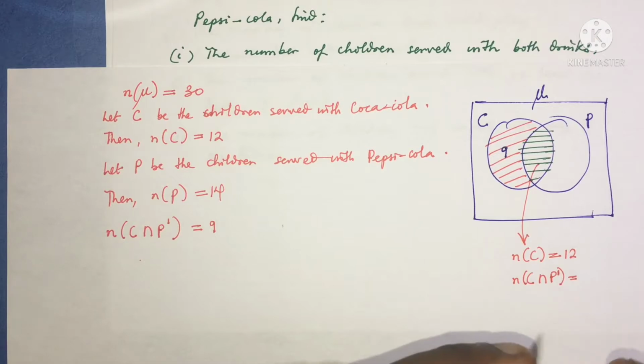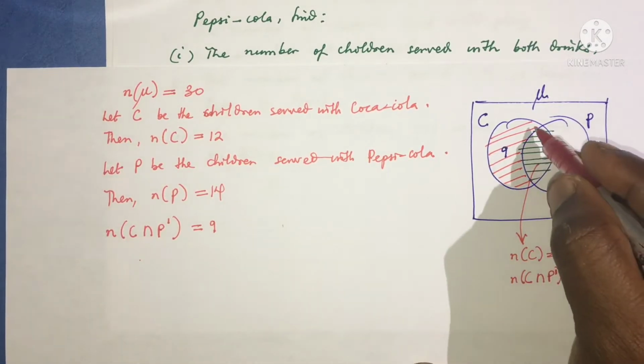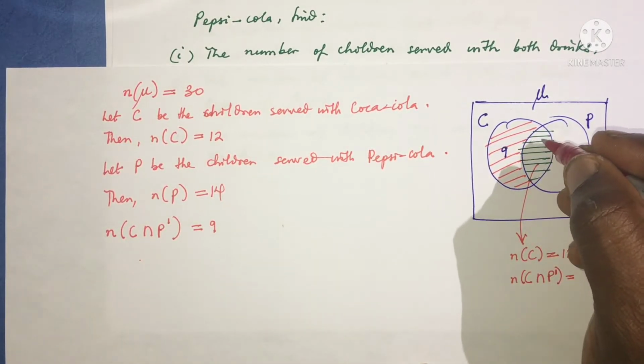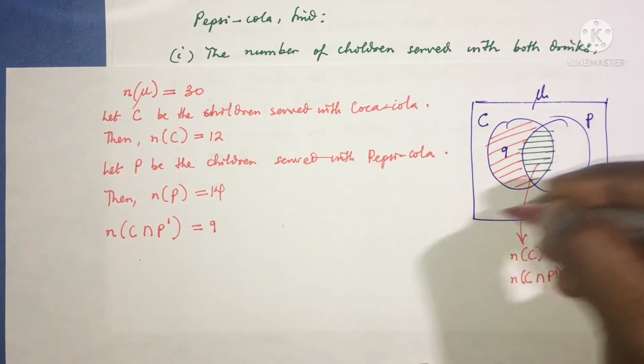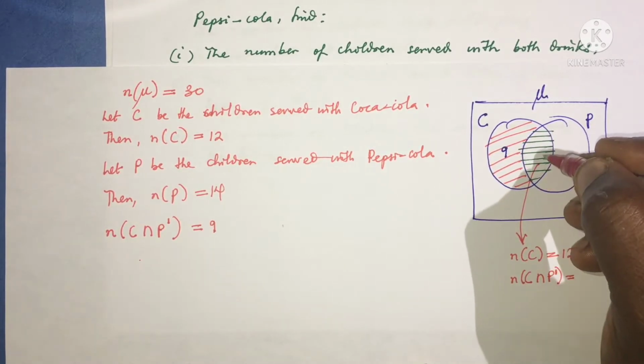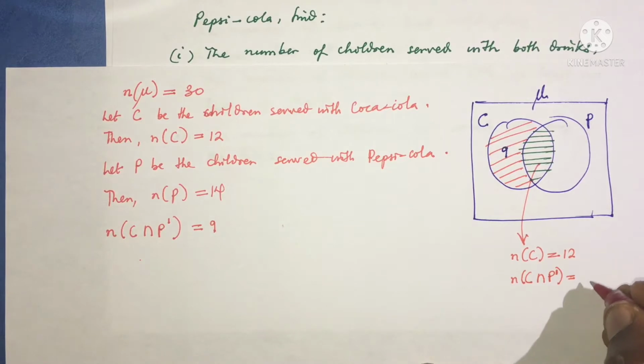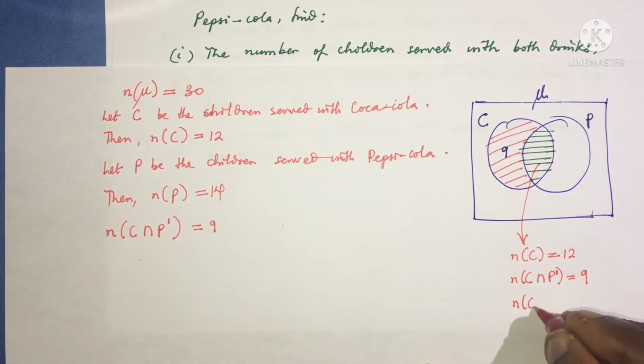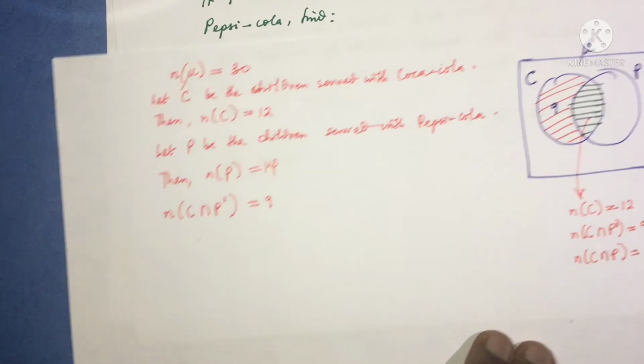So those who drank only Coca-Cola would be this half moon. Those who drank both Coca-Cola and Pepsi, but are found in Coca-Cola, are these people here. So this will be 9. Now we want to find those who drank the intersection. Okay, so we don't know.